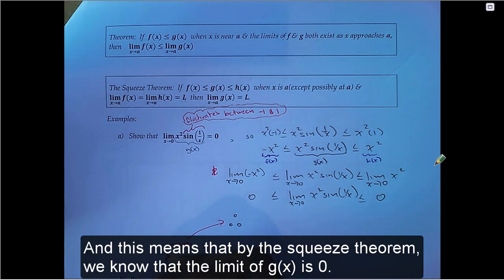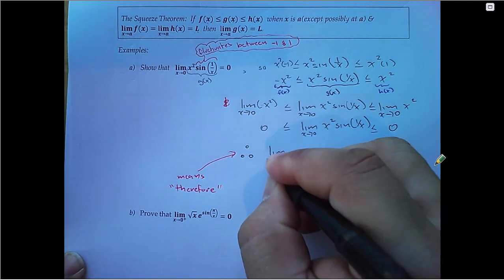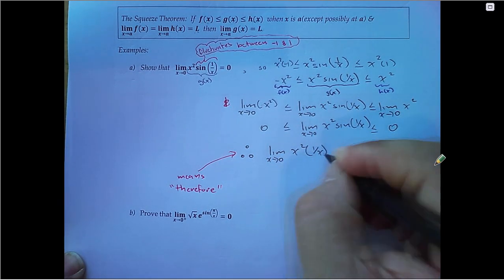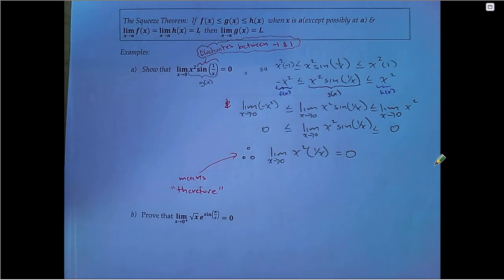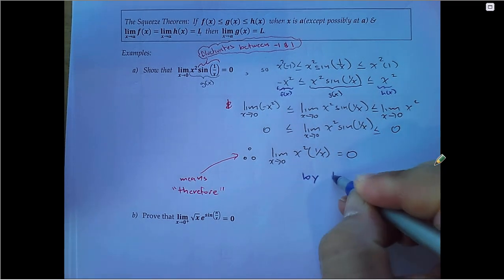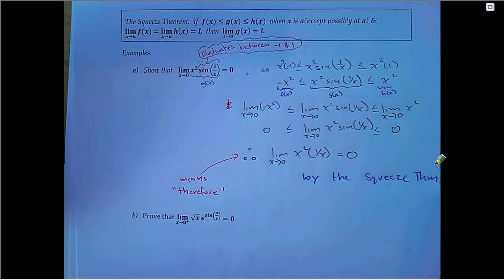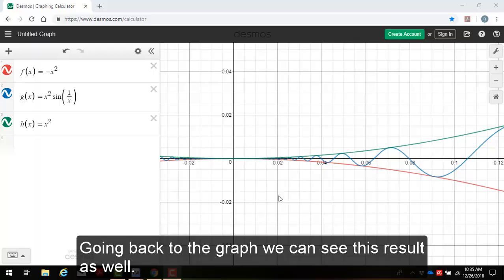And this means, by the squeeze theorem, we know that the limit of g of x is 0. Going back to the graph, we can see this result as well.